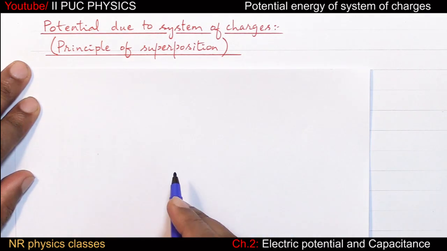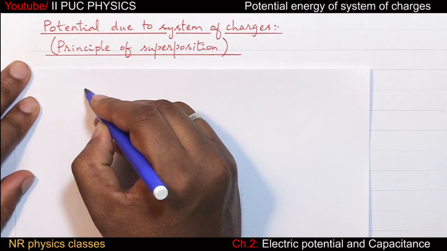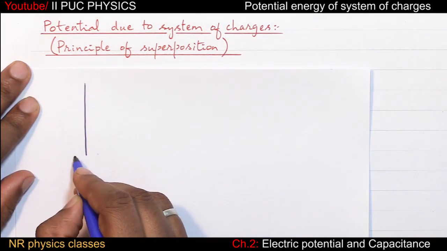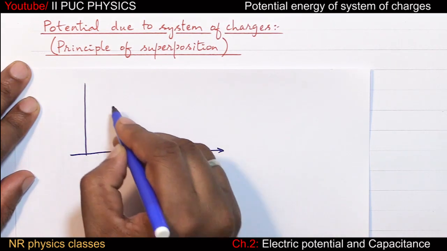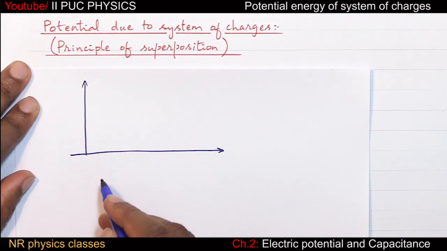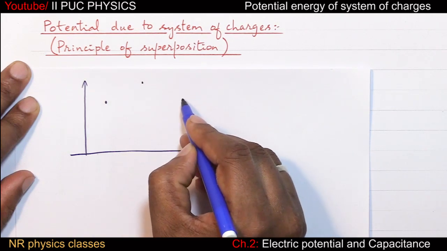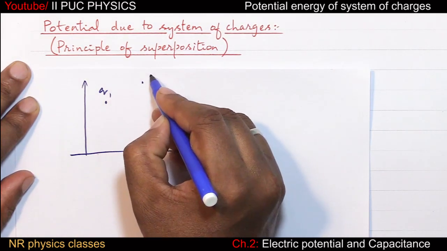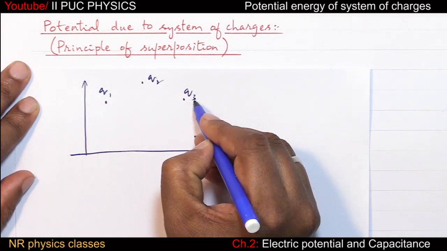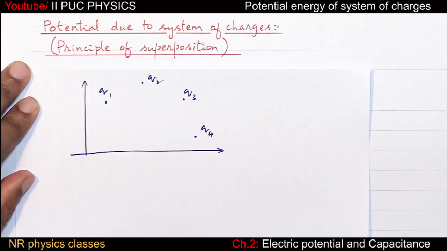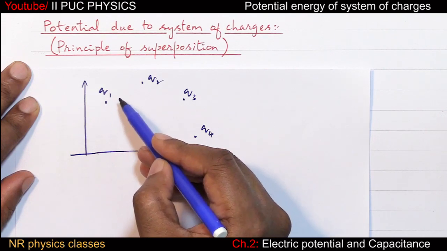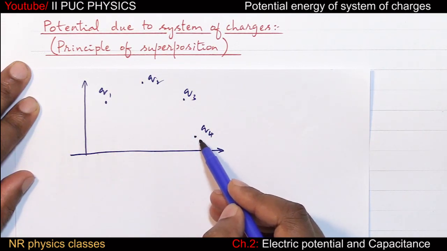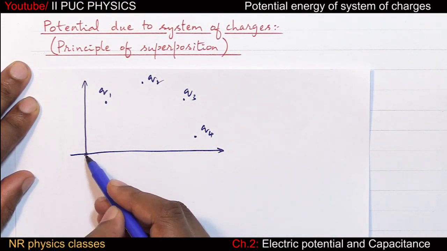Okay. Now, let this be a coordinate system, a Cartesian coordinate system, and these are the charges Q1, Q2, Q3, Q4, and the position vectors of these four charges with respect to the origin.